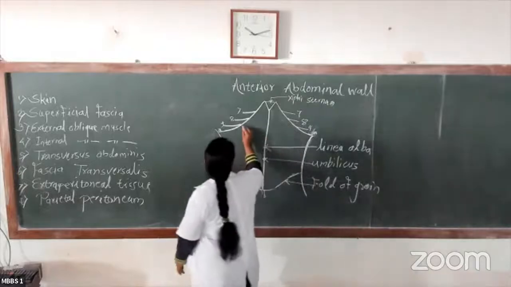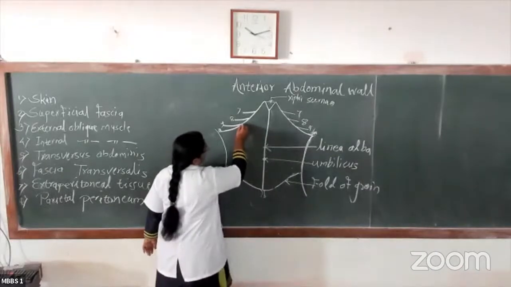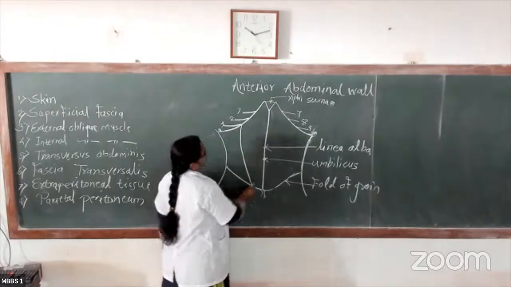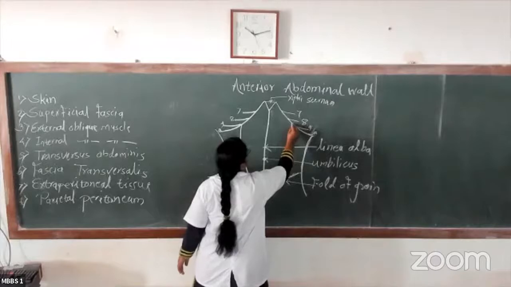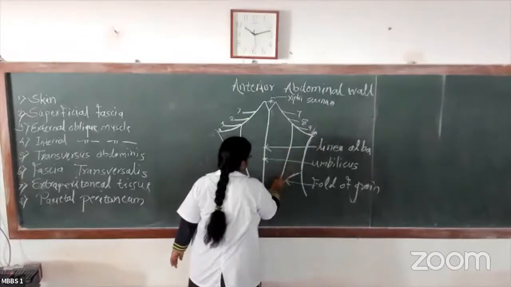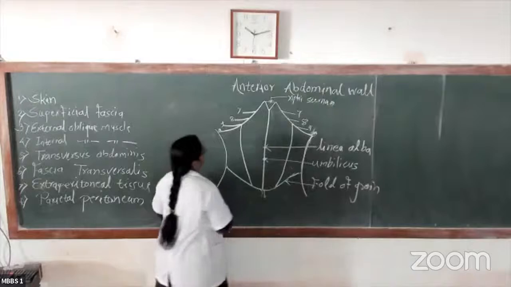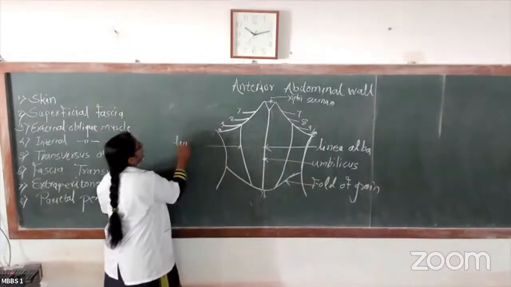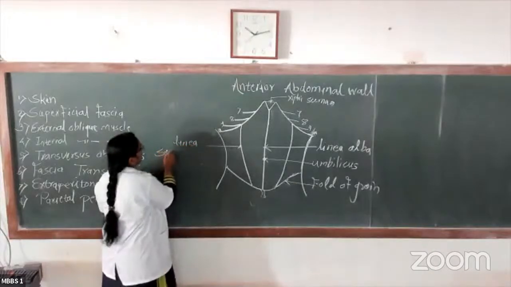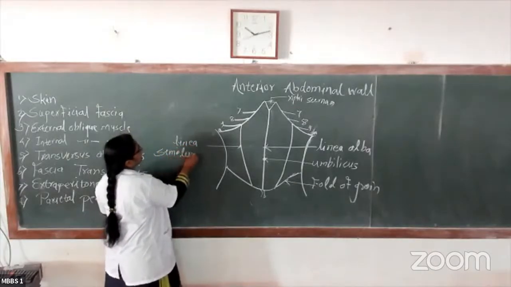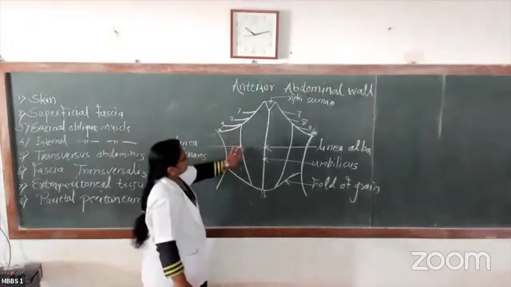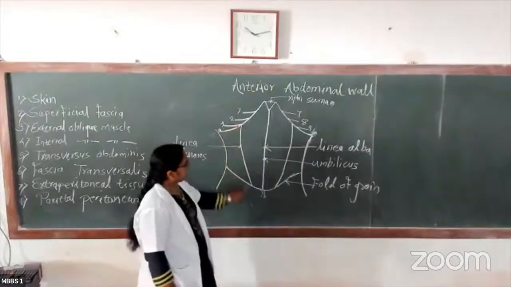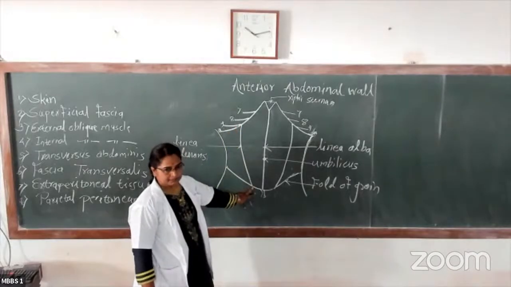Again, a few centimeters away from the median line, there are two curved lines present. These curved lines are called linea semilunaris, which extends from the tip of the ninth costal cartilage up to the pubic tubercle.